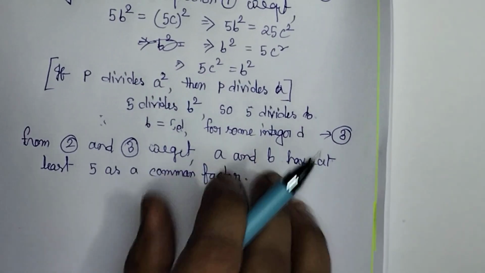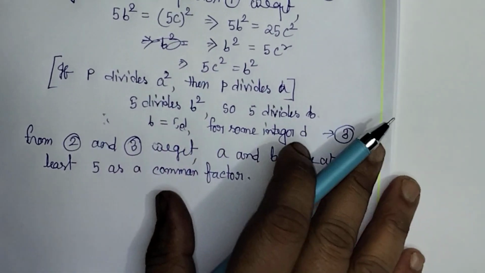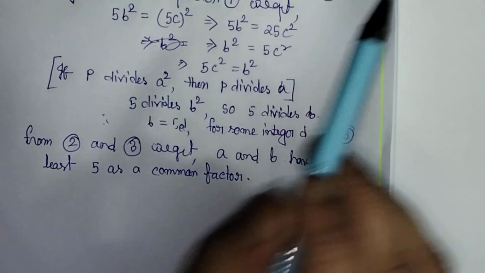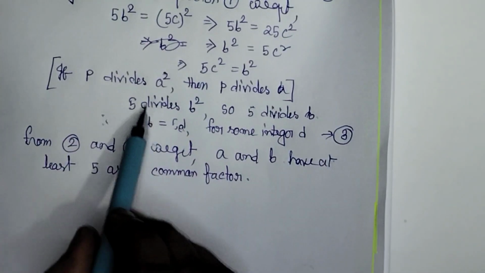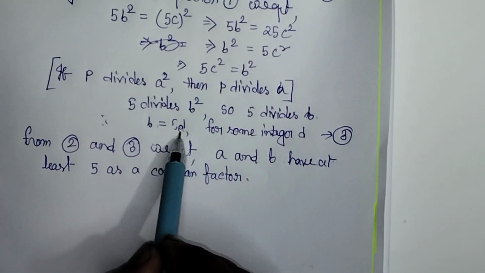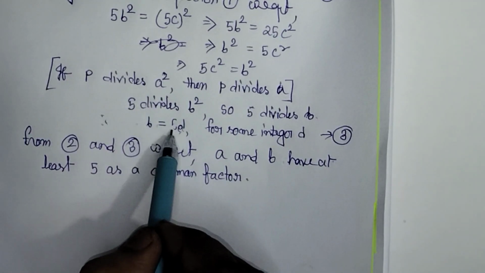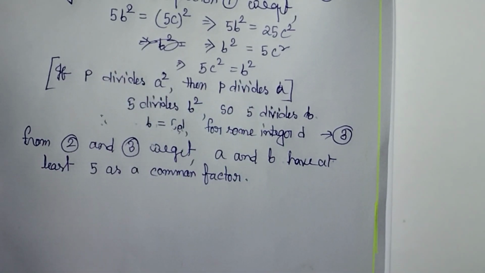That means from 2 and 3, A equals 5C and B equals 5D. So both have at least 5 as a common factor.